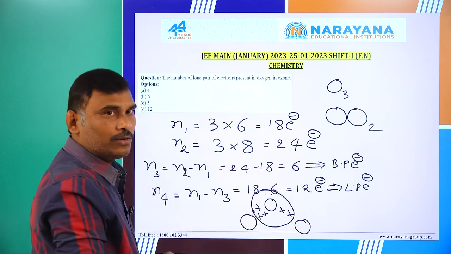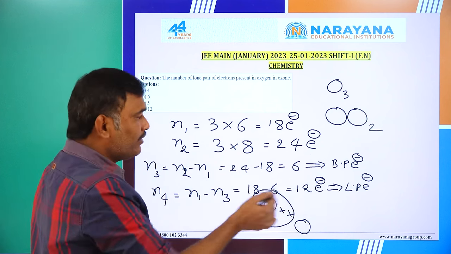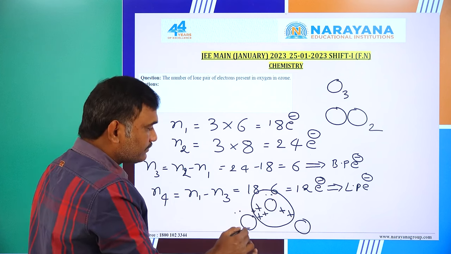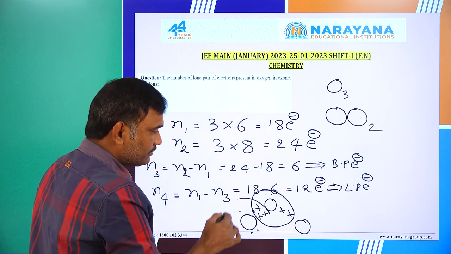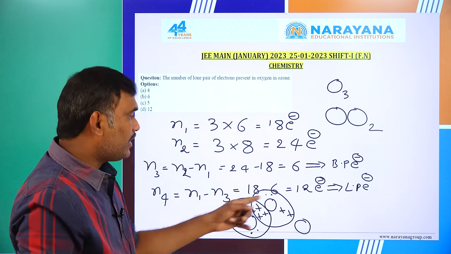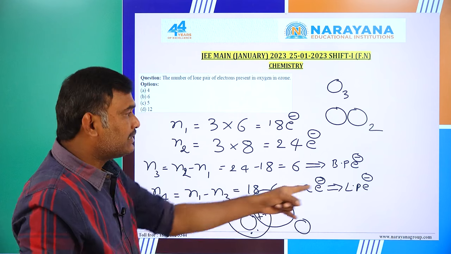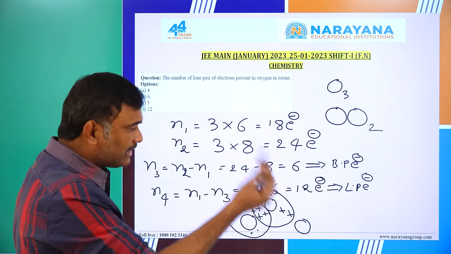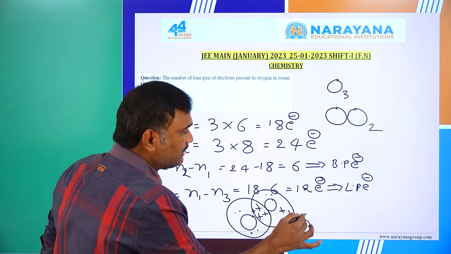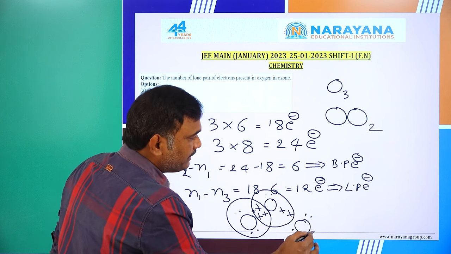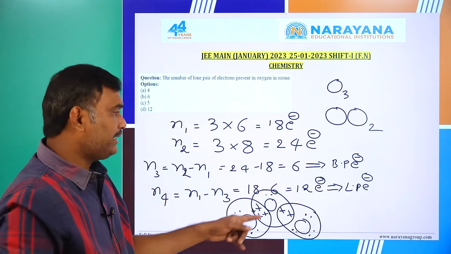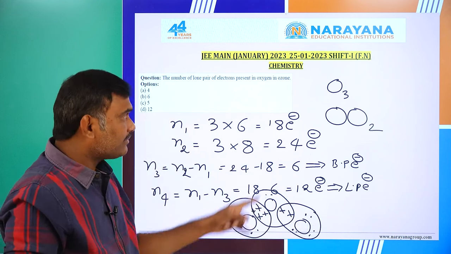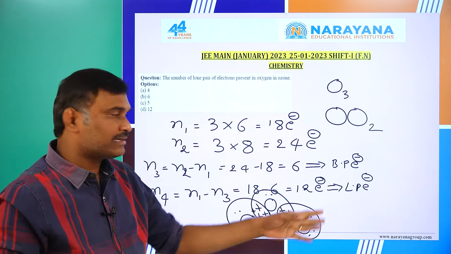Now, how many lone pair electrons remain? 4 more lone pairs are there. Here 1, 2, 3, that is 6 lone pair electrons are over. Still 6 lone pair electrons are present, and I can place them here, so all the oxygen atoms present in ozone get the octet configuration.